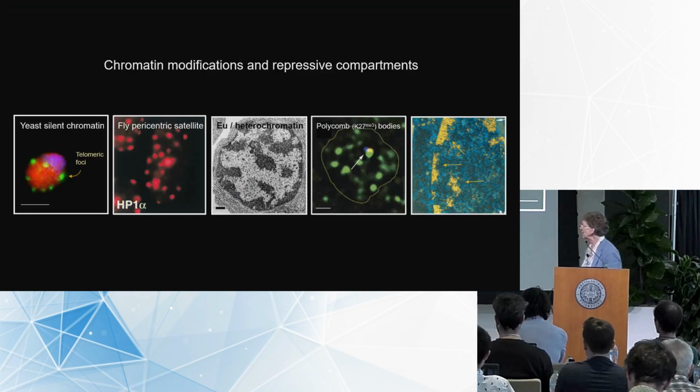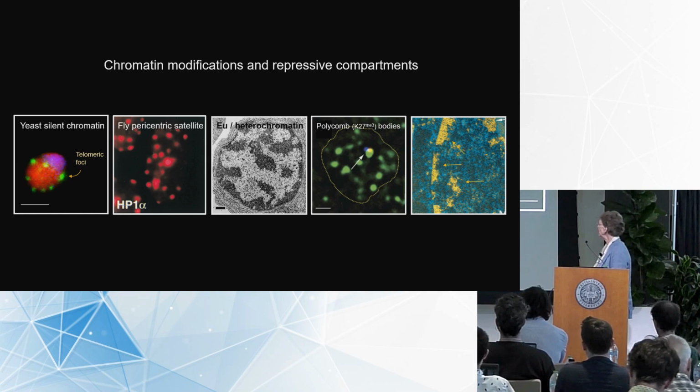So that's history. But the point I want to make is that from yeast to man, chromatin modifications and repressive compartments are one of the major themes. In other words, in yeast, telomeric clusters are repressed and at the nuclear periphery. HP1 at fly pericentric satellite form clusters. This is what I just showed you, again, like that, and polycomb bodies.